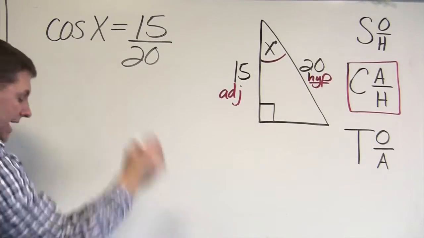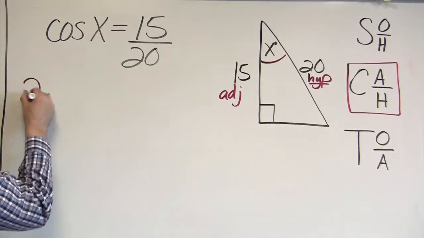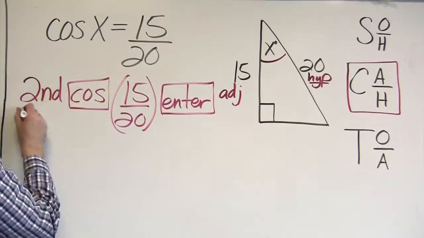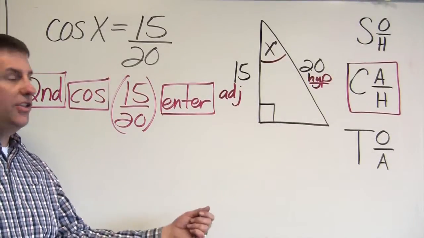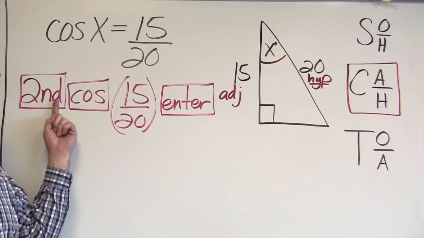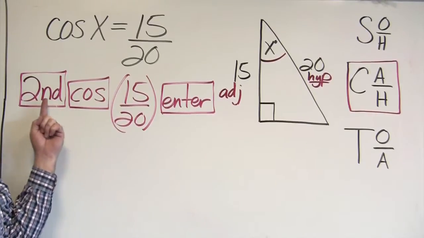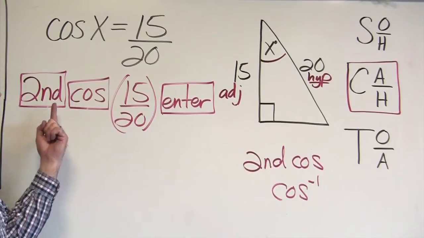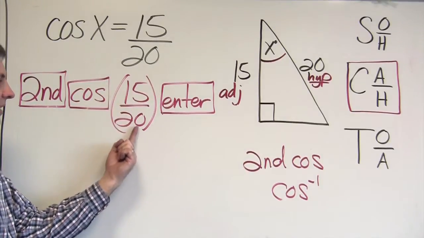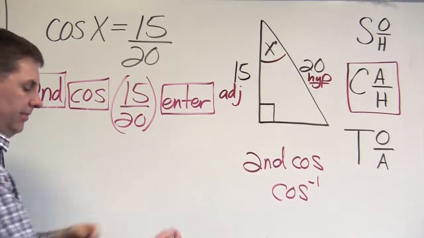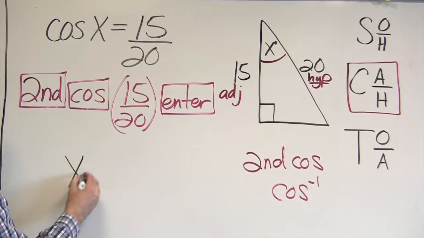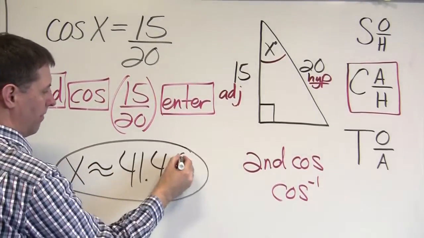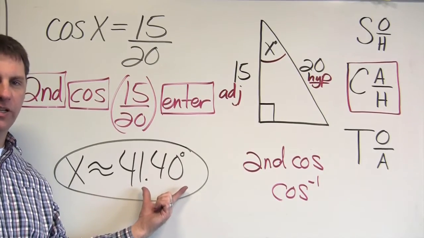So to undo that, again, to undo cosine, I have to hit the inverse of cosine, which is second cosine. If I hit second cosine 15 over 20, enter, x is approximately 41.40 degrees.